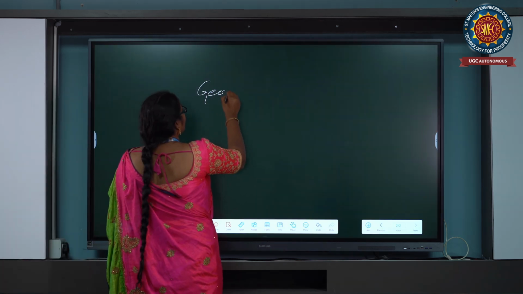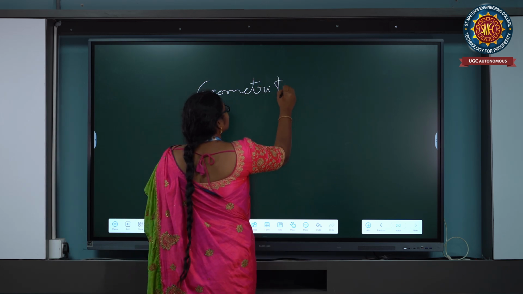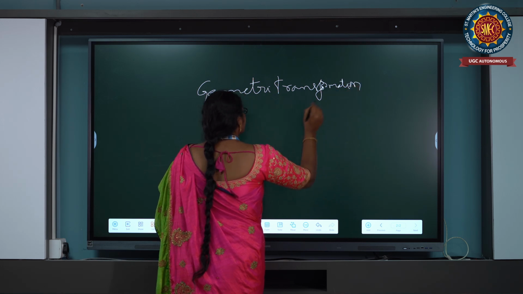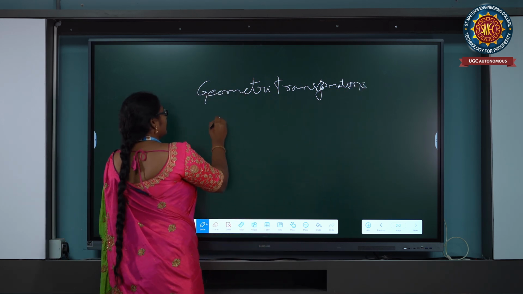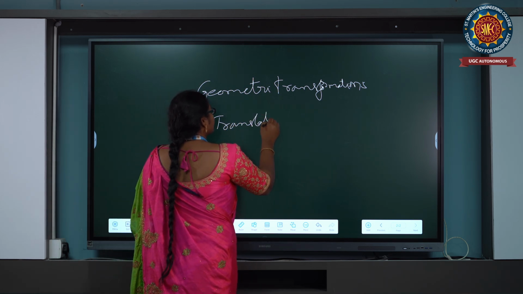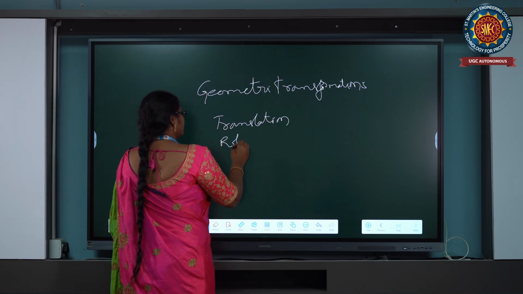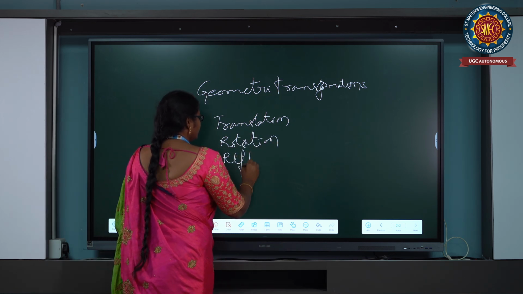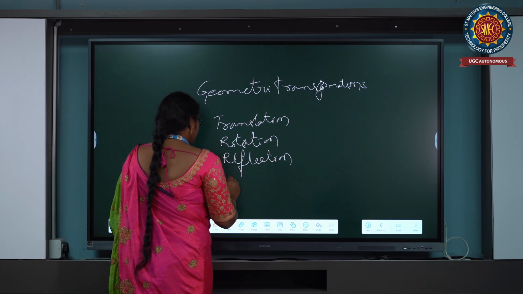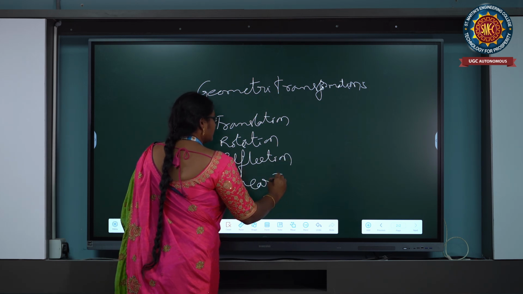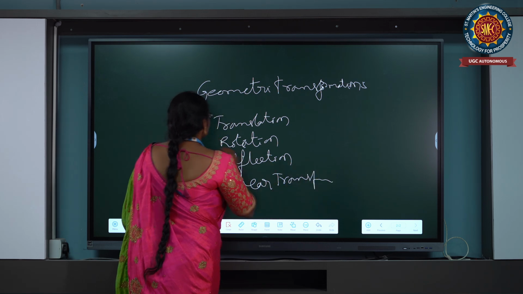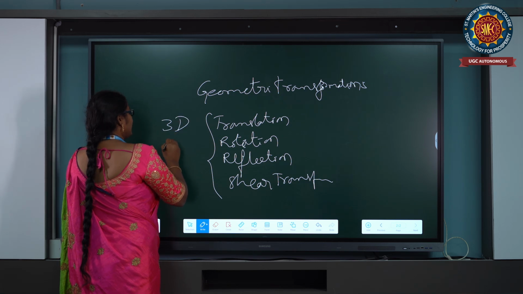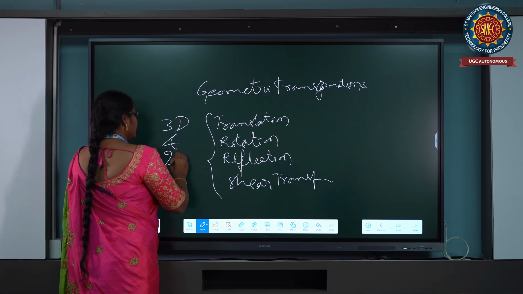The geometric transformations are translation, rotation, reflection and shear transformation. These transformations you can apply to 3D objects and 2D objects also.